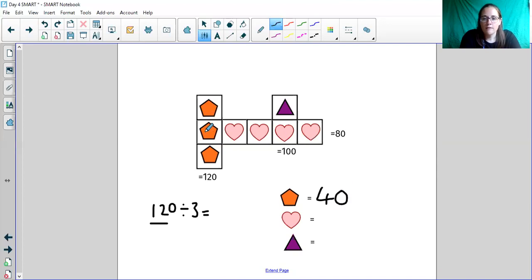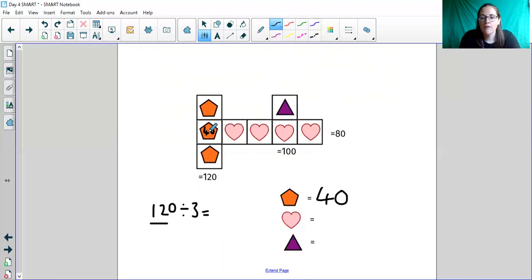Now I know this pentagon is worth 40, so now I can work out this part here. So all 5 of the shapes add up to 80, not just the 4 hearts, it includes the pentagon. So if I've got 40 on the pentagon and I want to get to 80, then I know that these 4 add up to the difference between 80 and 40.